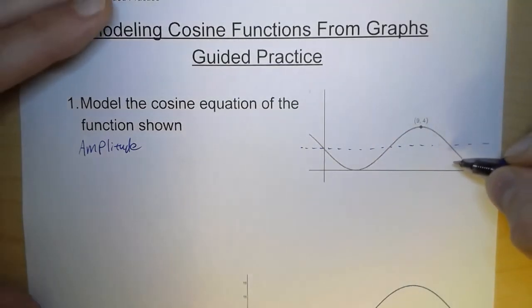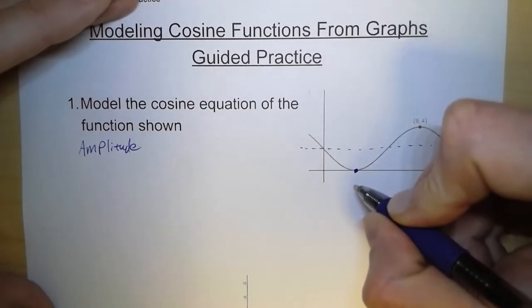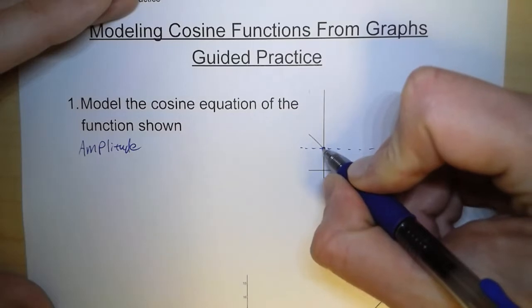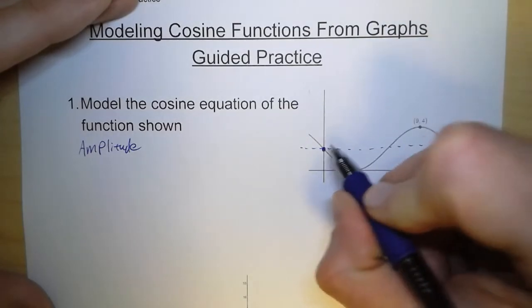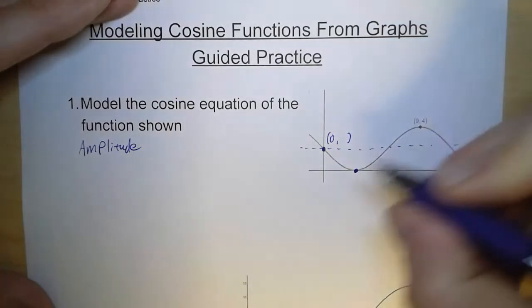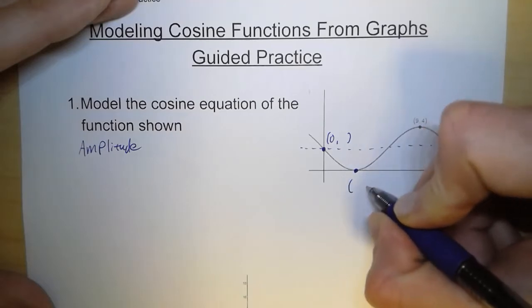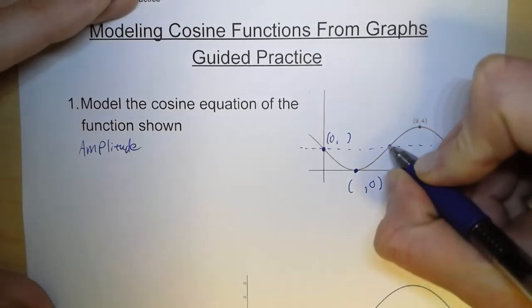Well, we're not quite sure where the middle is. So let's think about this. We're not quite sure about where that y value is, but we do know that the x value is 0. I'm going to leave that y value blank for the moment. And I know that y value is 0. I'm not sure about that x value.